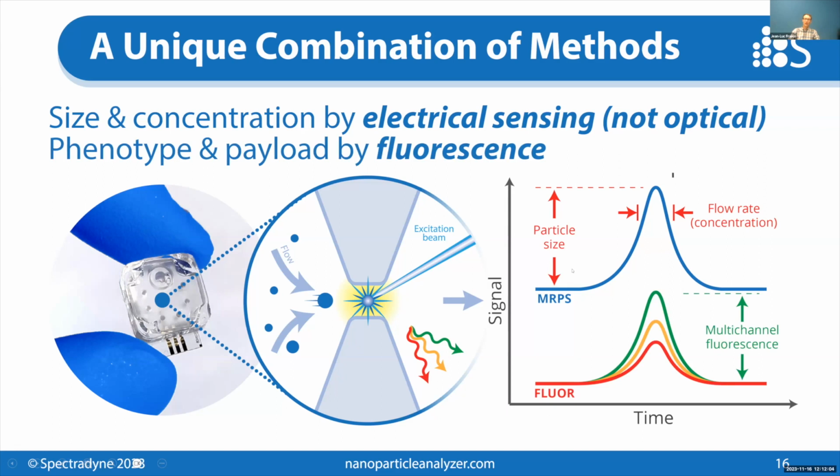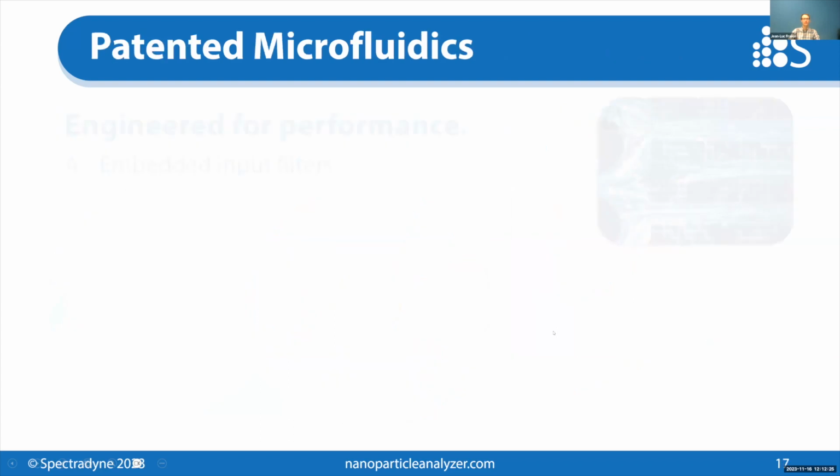So not only are we getting size and concentration using electrical methods, a non-optical technique, we're also using the best parts of optical techniques, namely single particle fluorescence, like in a flow cytometer, to measure the other characteristics of the particle. I'll show you how this can be used to measure payload in LNP formulation in just a sec.